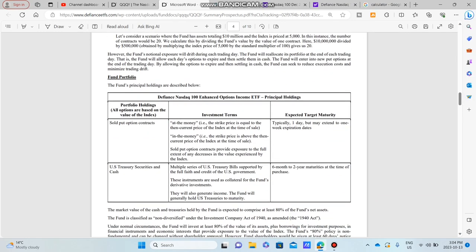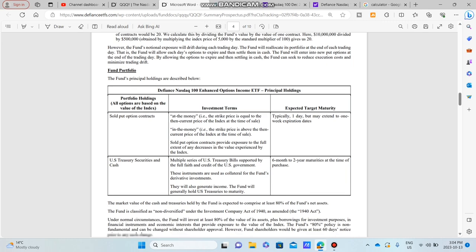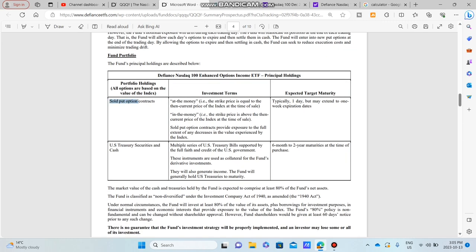So just a little look here at what the Defiance ETF actually does, their principal holdings. They sold put option contracts at the money, where the strike price is equal to the then current price of the index at the time of sale. They also do in the money, which is where the strike price is above the then current price of the index at the time of sale.